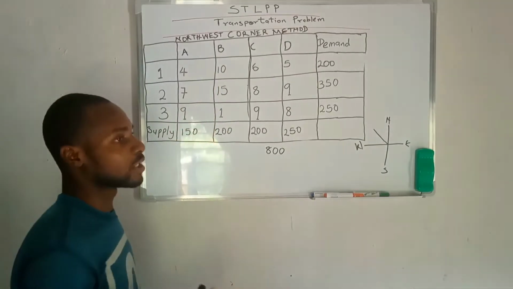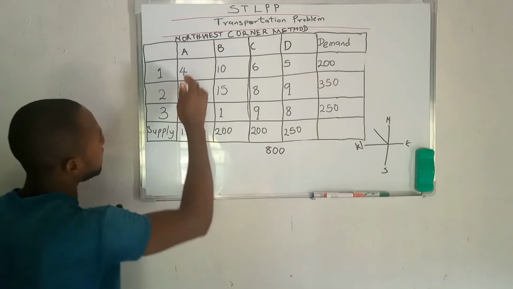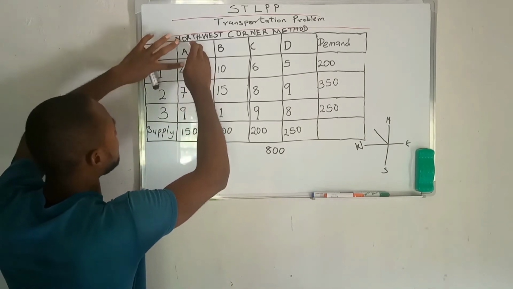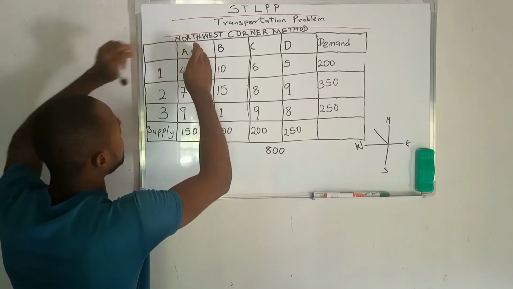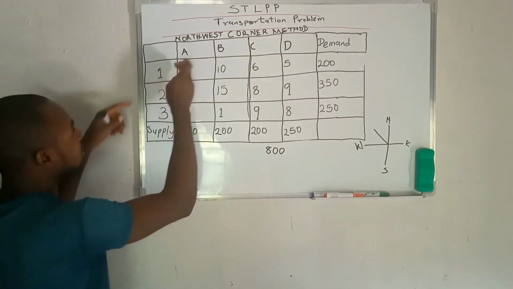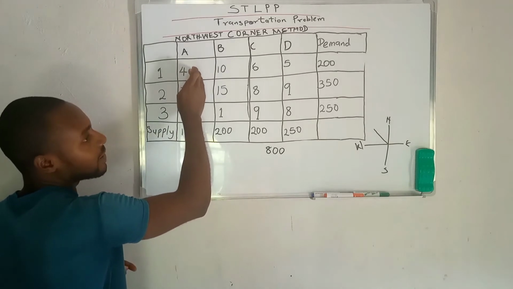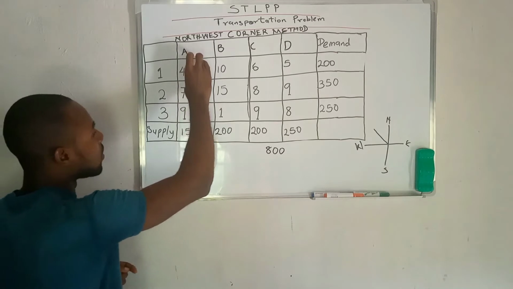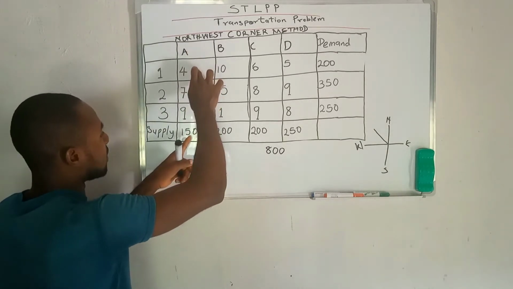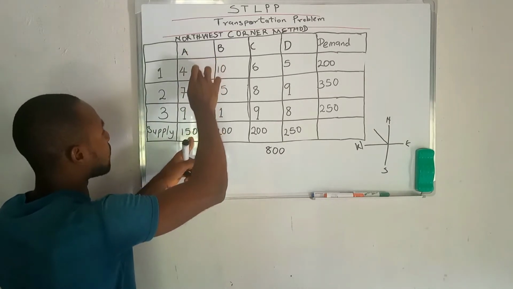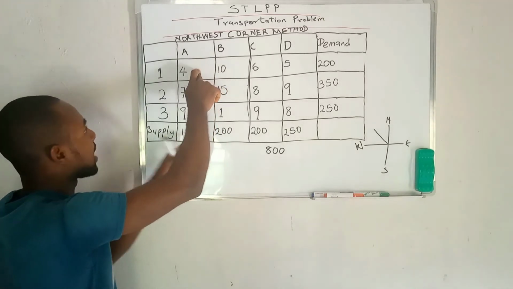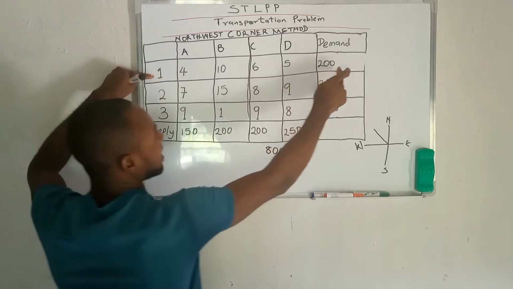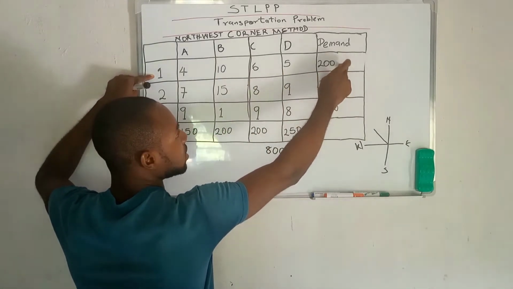Solving this problem using the northwest corner method, the first place that we are going to satisfy is this. Transporting from unit A to the first store, we are going to spend $4 for each good that we transport. Unit A has 150 goods to supply, but the first store has a capacity of 200 goods.